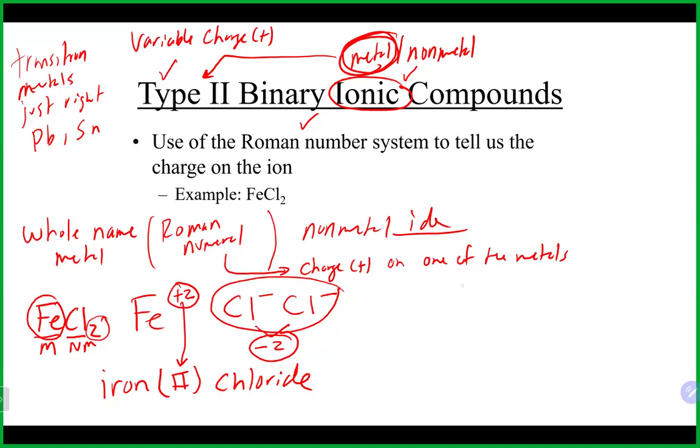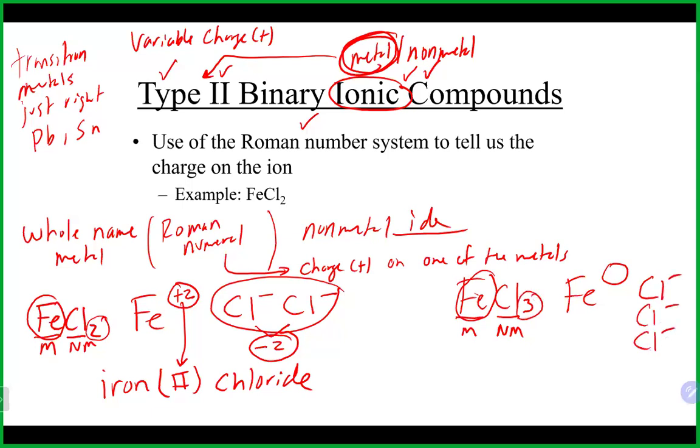What happens if I had this guy, FeCl3? Again, if we go through the same process, that is our metal, that is our nonmetal, it's ionic. My iron, again, is still a transition metal, which means it's type 2. Here I have an iron with some type of charge. I have Cl, which is -1, but in this case, I don't have 2.